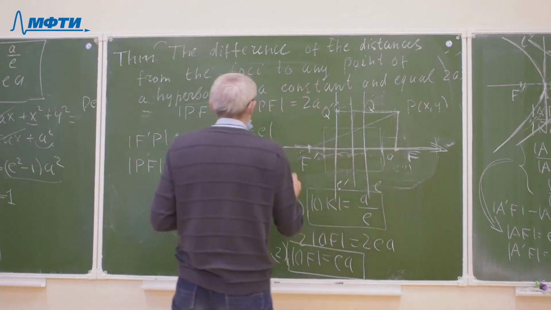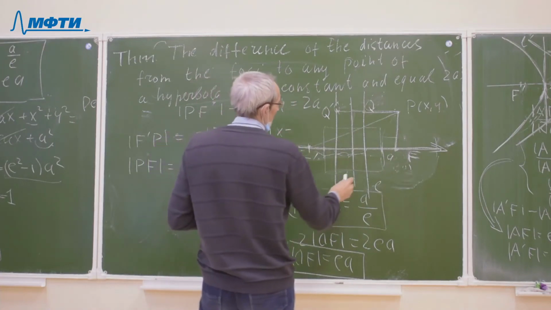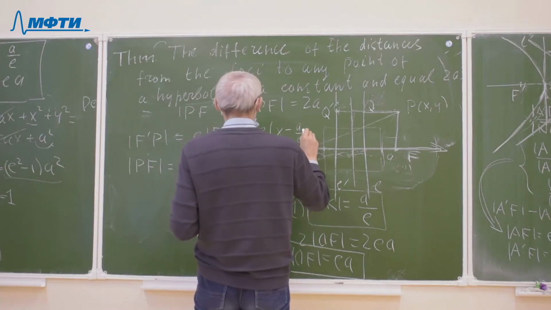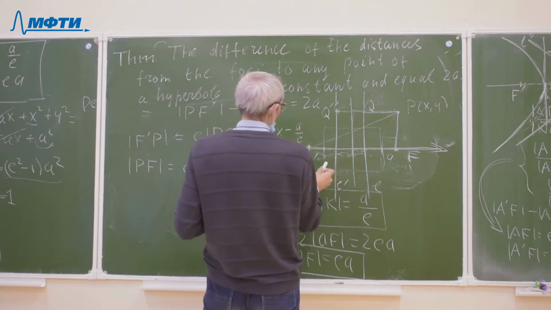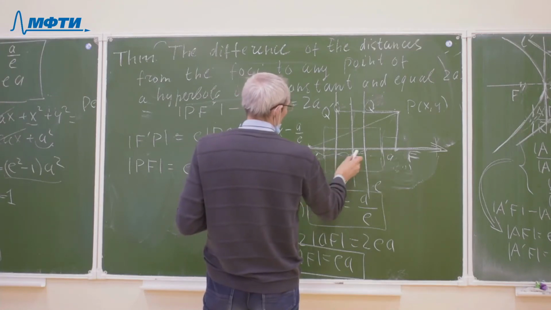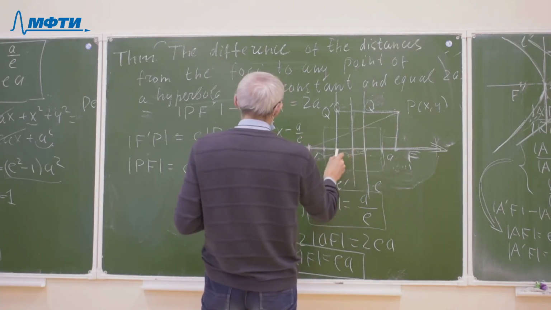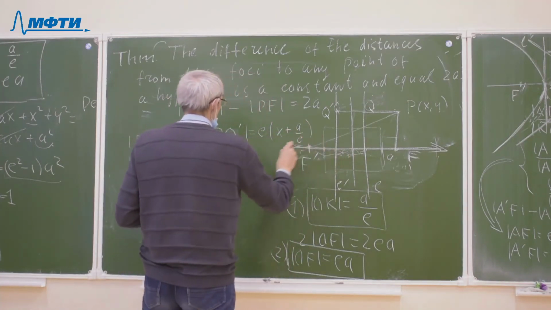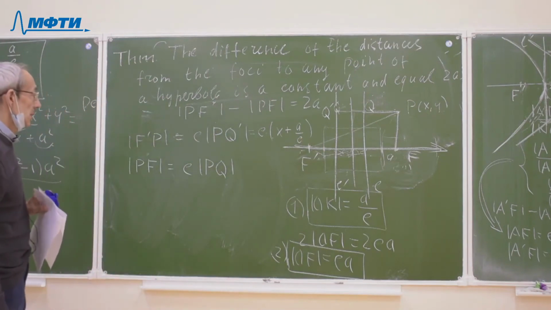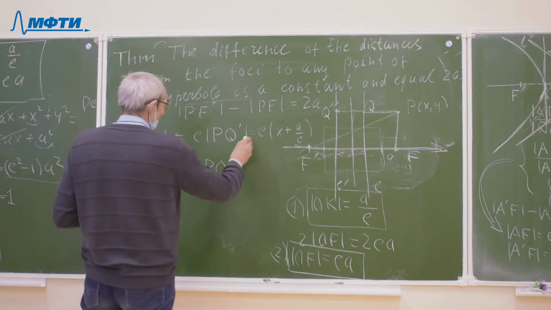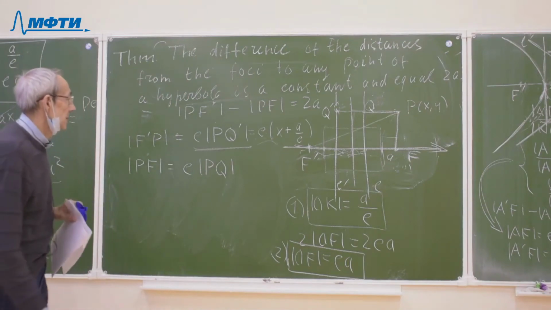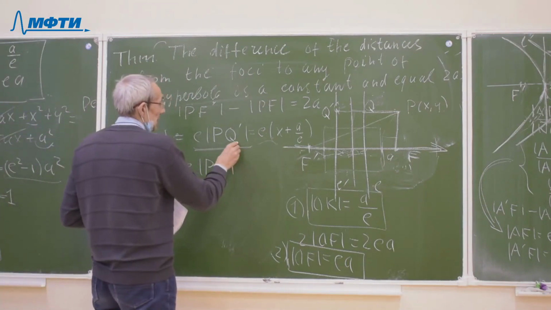P has coordinate x minus this distance, the ratio A over E, and we have this ratio: E x plus A over E. This expression is equal to the product of E and the distance PQ prime.